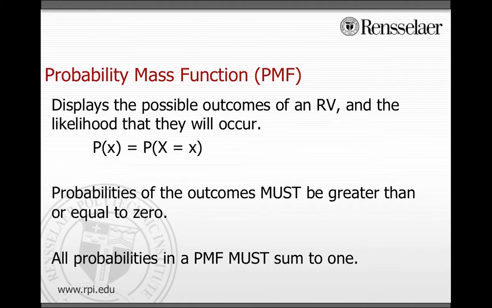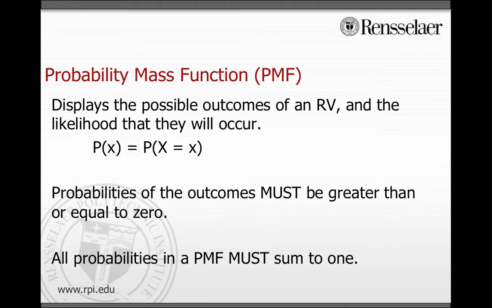When analyzing discrete random variables or conducting experiments with them, each possible outcome has a probability assigned to it, the likelihood that that outcome will occur. The probability mass function, or PMF, displays the outcomes and their respective probabilities of being observed during an experiment. All PMFs require two things. First, the probability of the outcomes must be greater than or equal to 0 for each outcome, which just states that you can't have a negative probability of occurrence, which wouldn't make sense mathematically.